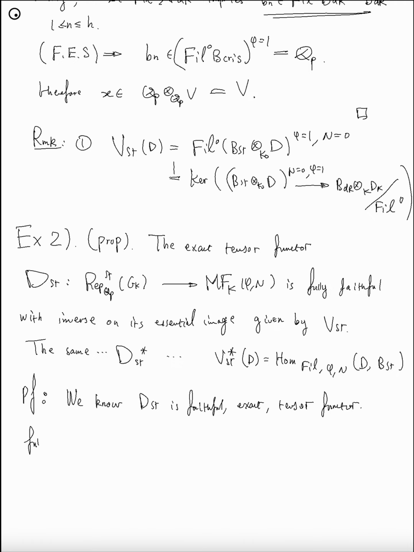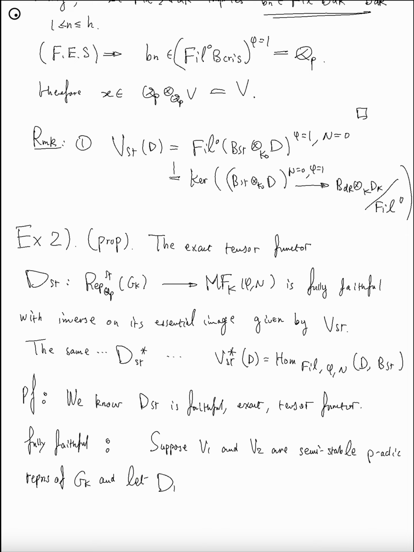Now we show it's fully faithful. So suppose V_1 and V_2 are semi-stable p-adic representations of G_K, and let D_1 equal D_st of V_1 and D_2 equal D_st of V_2 in the category MF of filtered phi-modules.